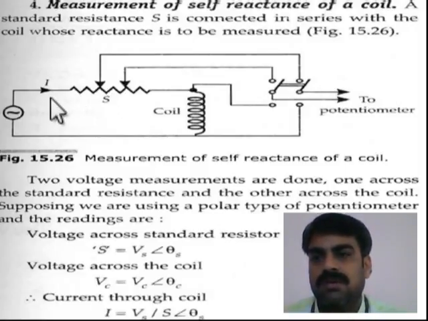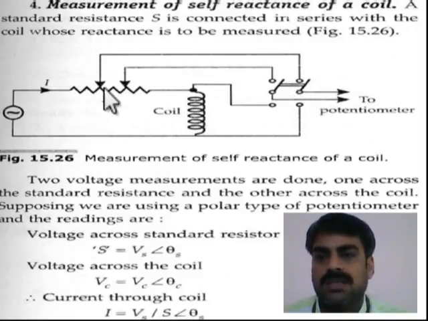So here in this circuit there is a standard stable source, a standard resistor, and a coil under test, and either the coil or the standard resistor will be connected to the potentiometer using this selector switch. When the standard resistor is connected, from the potentiometer we will get the magnitude of that voltage and its phase angle, and when we connect the coil to the potentiometer we will get the corresponding potential and phase angle.